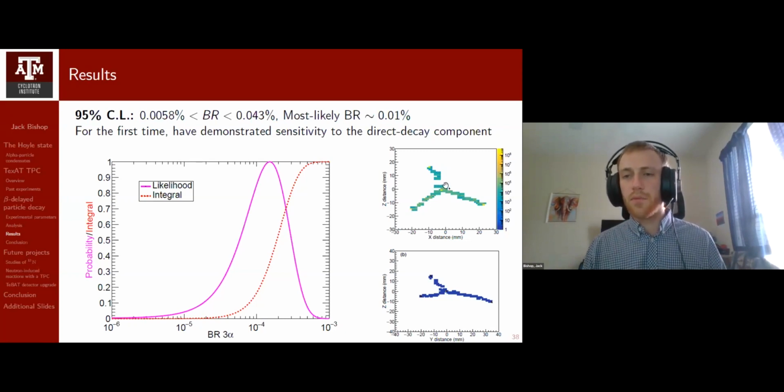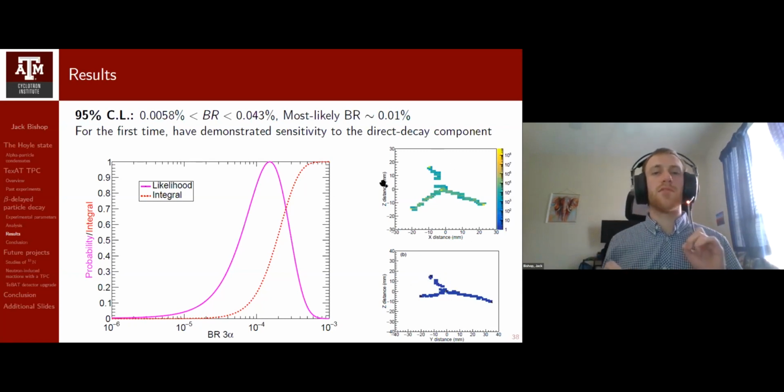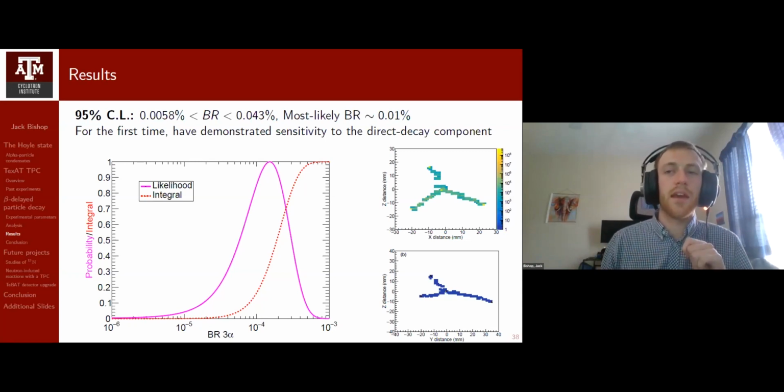You can see that rather than looking like a very elongated Y, there are 3 alpha tracks which look fairly equidistant, and they've got a good angular separation between them. If you compare this to a sequential looking event shown down below, you can see instantly that these look very different. So for the first time, we've demonstrated this sensitivity to this direct decay component.